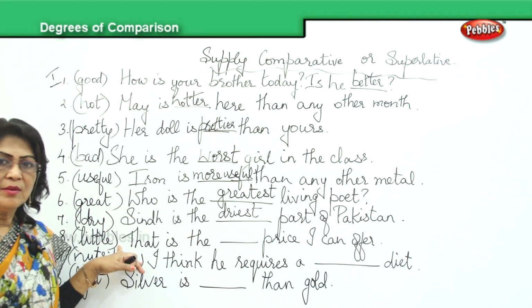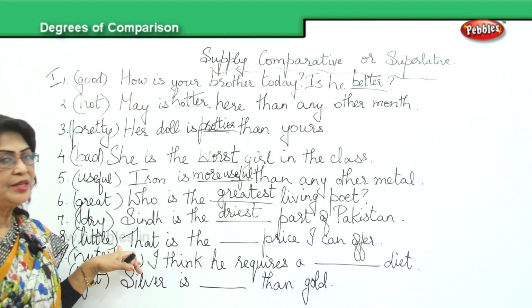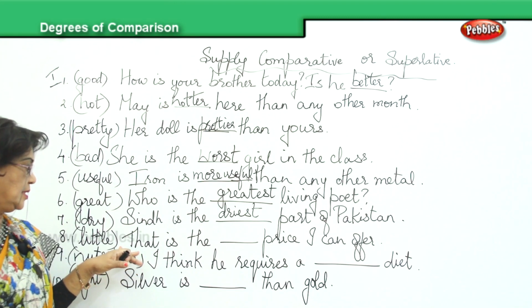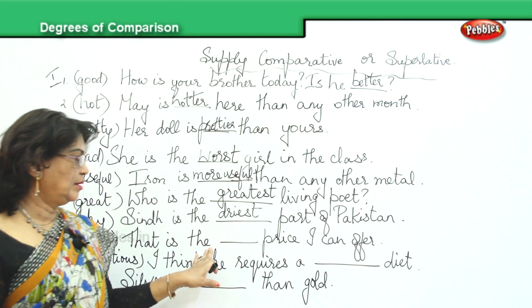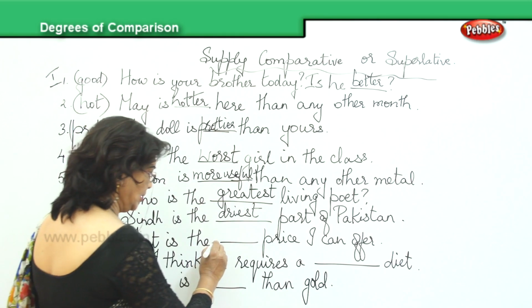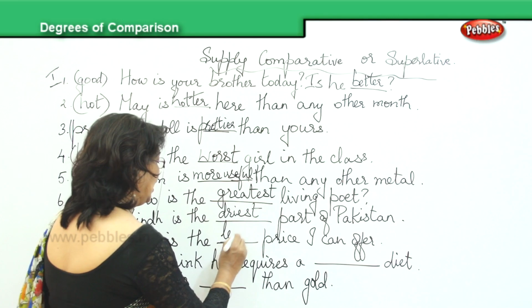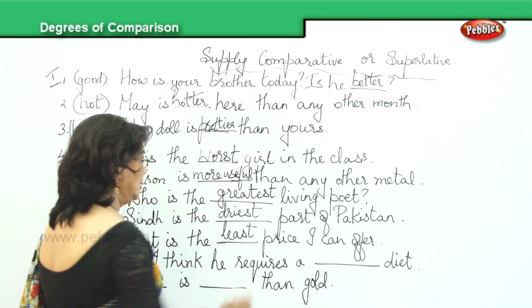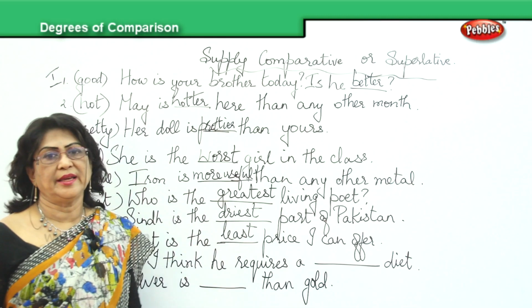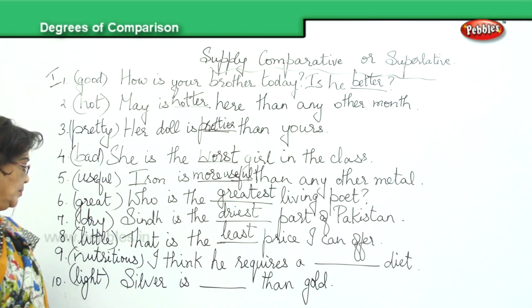Little. What are the other two degrees? Comparative and superlative. Little, less and least. So what is the degree here? Superlative degree. Isn't it? After the becomes L-E-A-S-T. That is the least price I can offer.